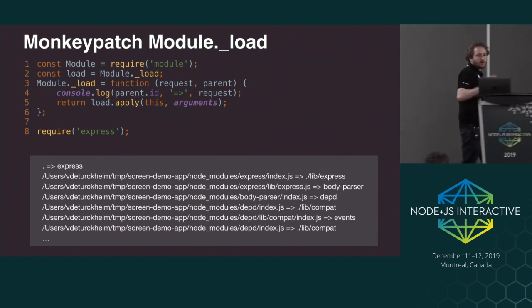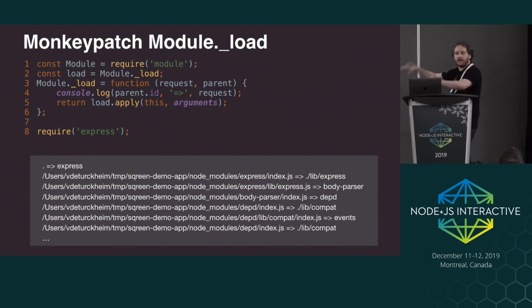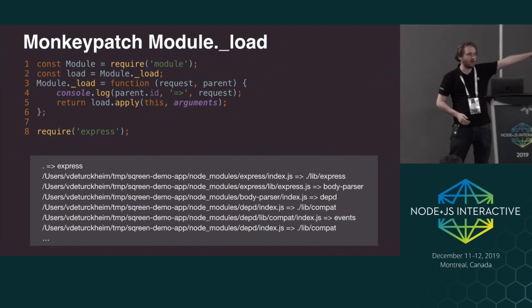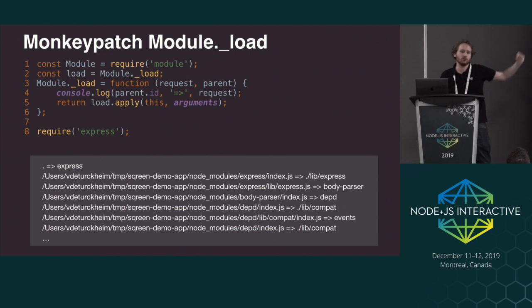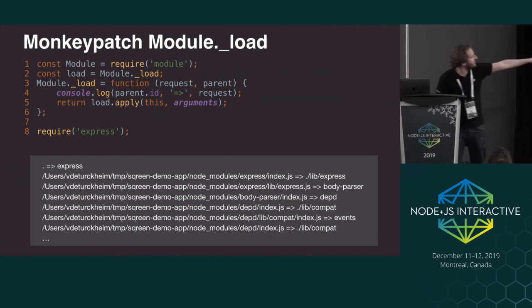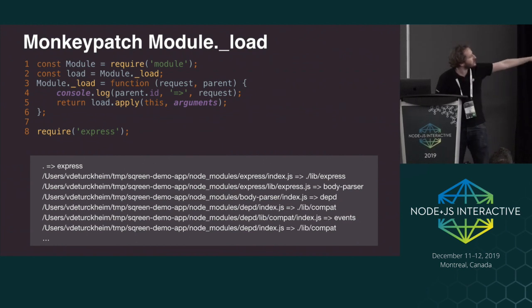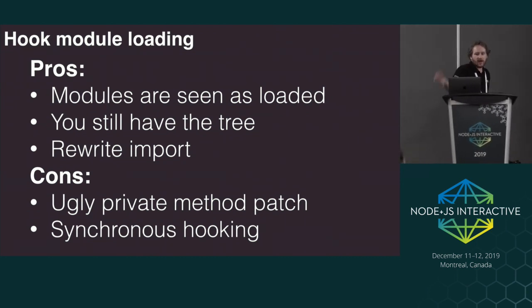So in our case, on line 4, I just log the parent, then an arrow, then the request to tell you which module has required what. So if I run that, we have the log at the bottom, and we know that dot, the main module, required express, and that this file in the demo directory required /lib/express, etc. We are able to see the modules as they are loaded.